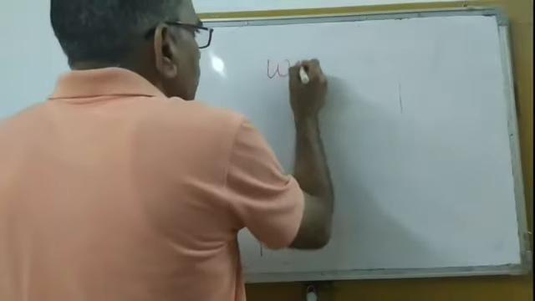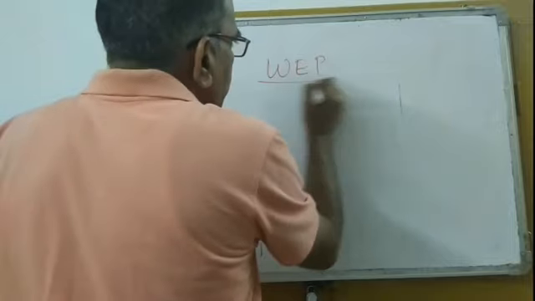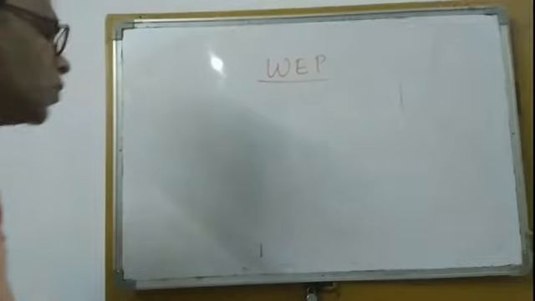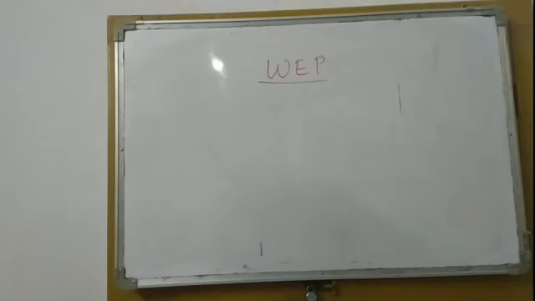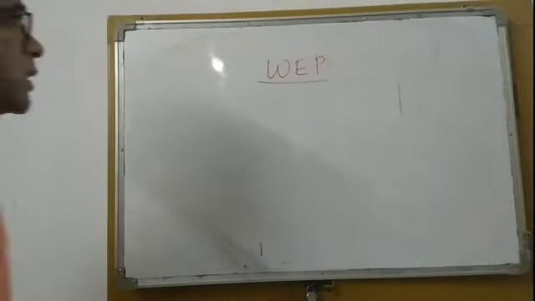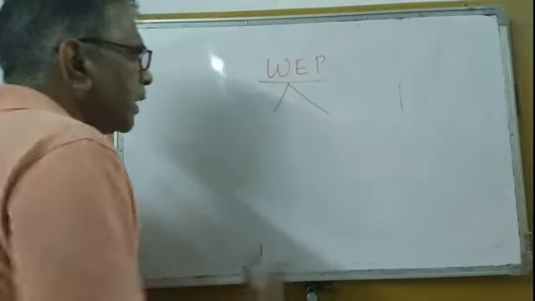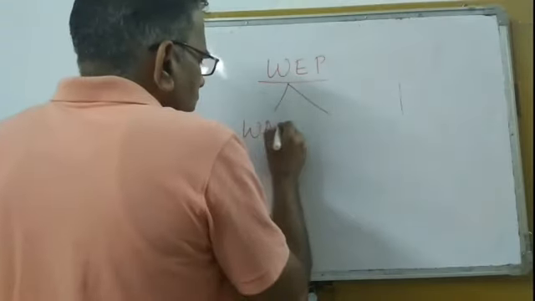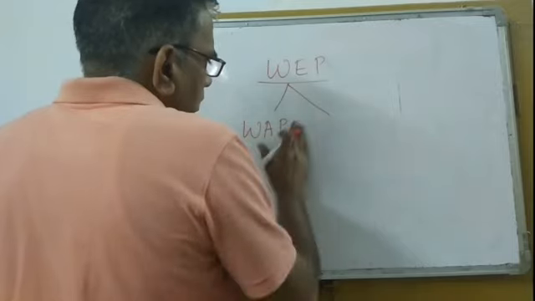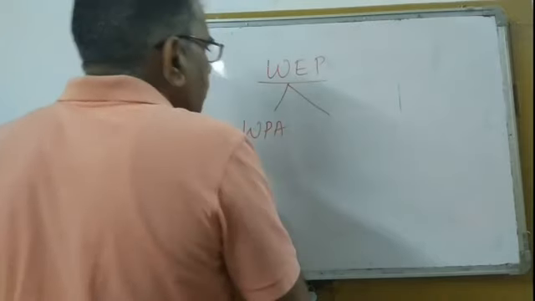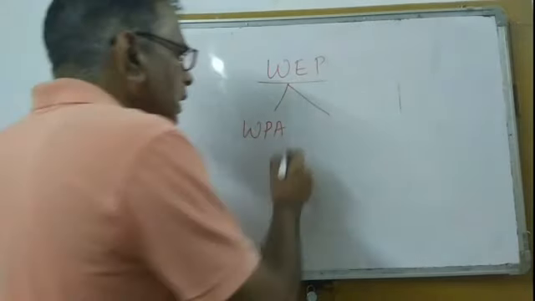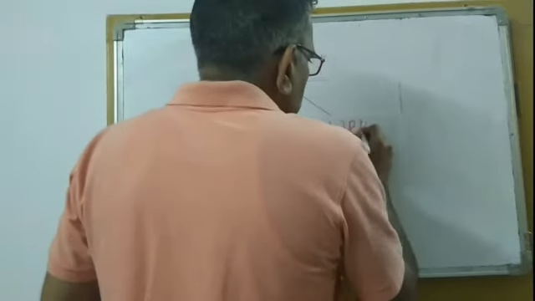basically the modifications that are done in wired equivalent privacy techniques. So how exactly these modifications help us to access the net in a secured manner. In this category, we are going to talk regarding wireless protected access 1, WPA1, and WPA2.